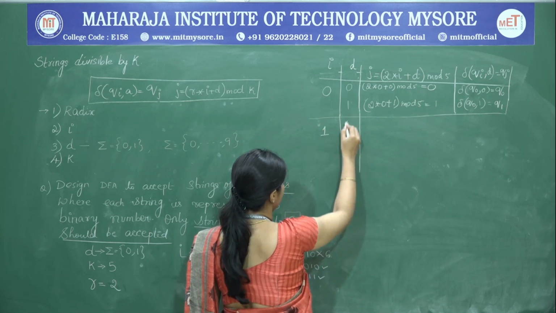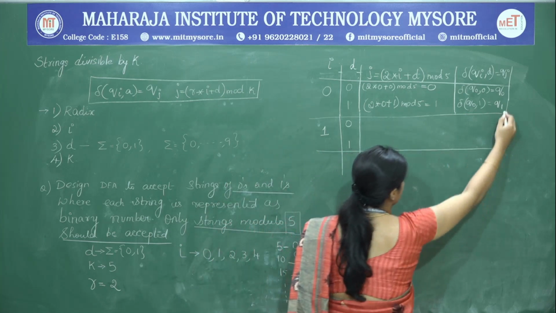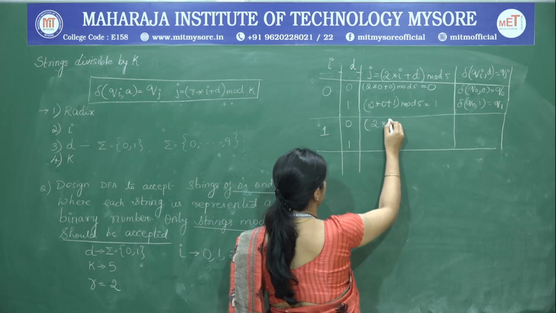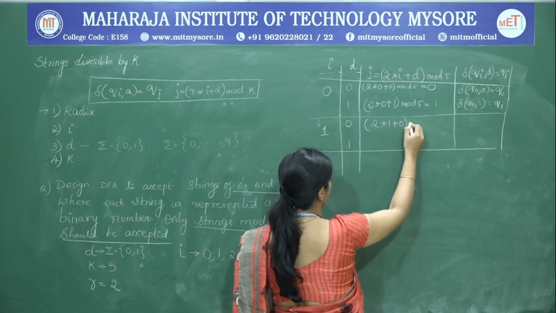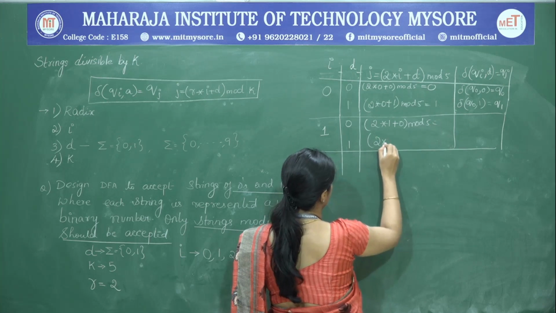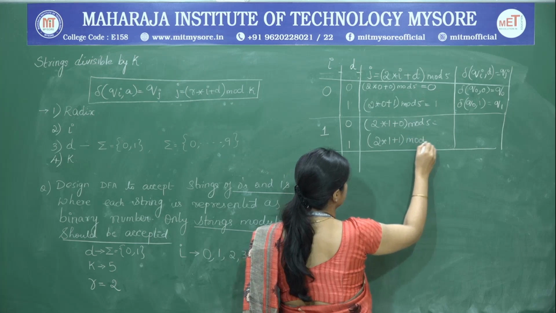We will take the state 1, again find out the transitions on both the input symbols 0 and 1. So this is 2 multiplied by 1 plus 0 mod 5. Next is 2 multiplied by 1 plus 1 mod 5.